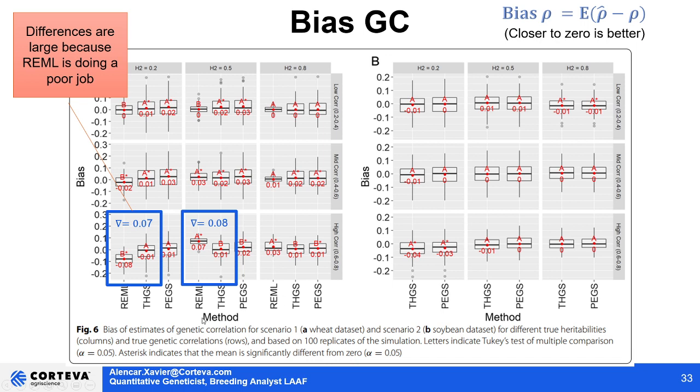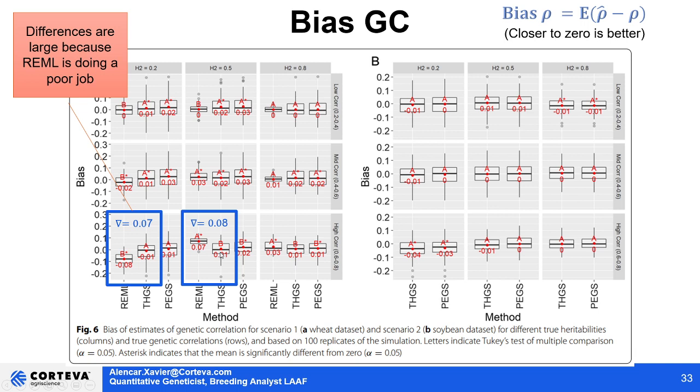So under those circumstances, REML, not our method, underestimated the genetic correlations by 0.08. And then in the next scenario, REML overestimated when the heritability was 0.5 in high correlations.